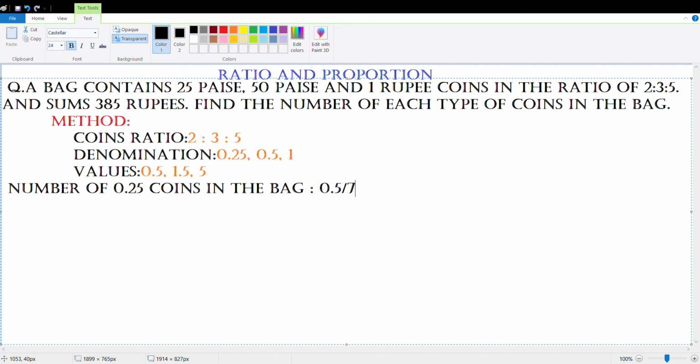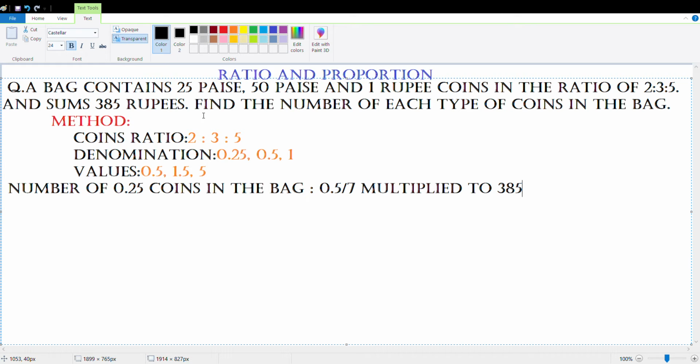As 0.5 is from a value of 385 rupees, we write multiplied to 385. As I cannot do a multiplication sign from computer, I'm writing multiplied. We do this because this 0.5 is from a value of 385 rupees. So "of" indirectly means multiplication.